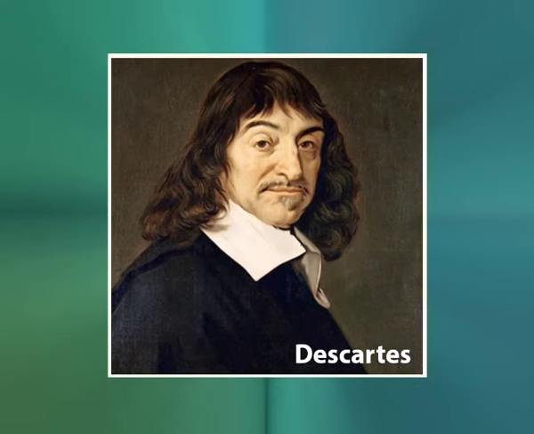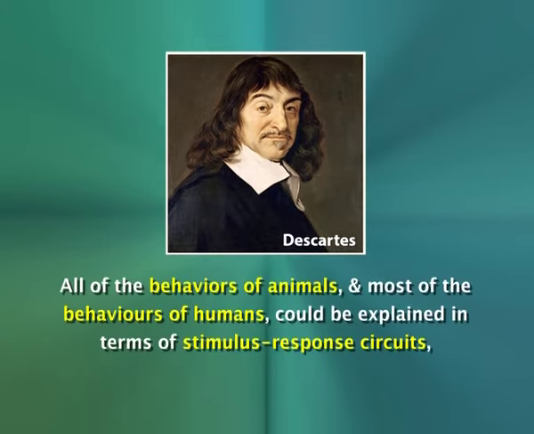Descartes believed that all of the behaviors of animals and most of the behaviors of humans could be explained in terms of stimulus response circuits, although he also believed that higher cognitive functions such as language were not capable of being explained mechanistically.